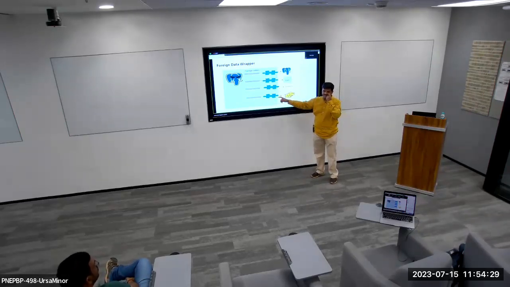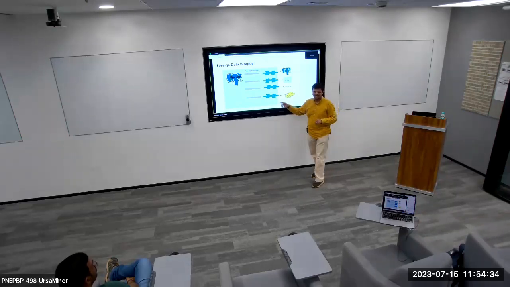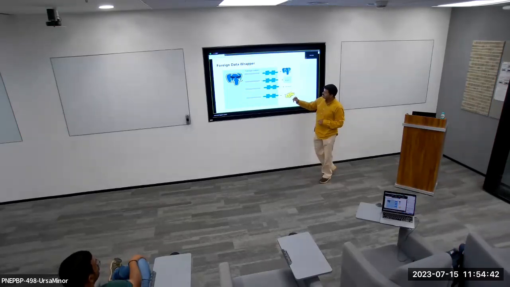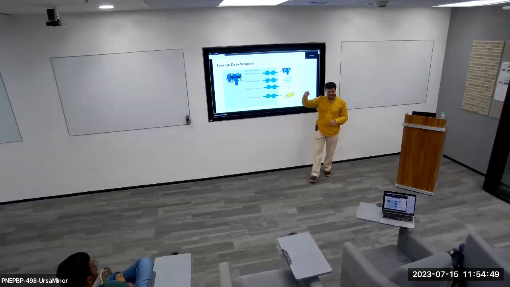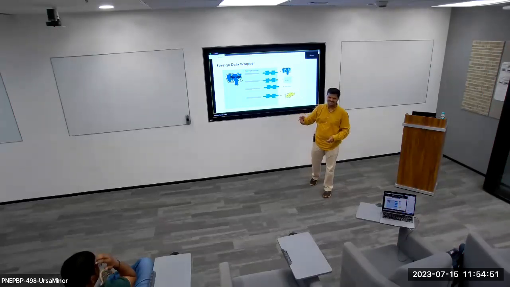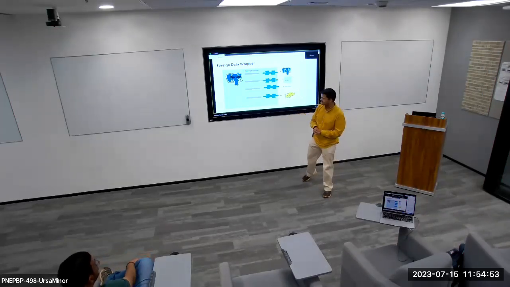So in a way, again, we are addressing the problem of variety. Variety of data, variety of sources of data. Not just data, also their sources. But as you will see here, there are already two elephants, indicating two servers. So we have already thrown in a distributed system, even when talking about foreign data wrappers.